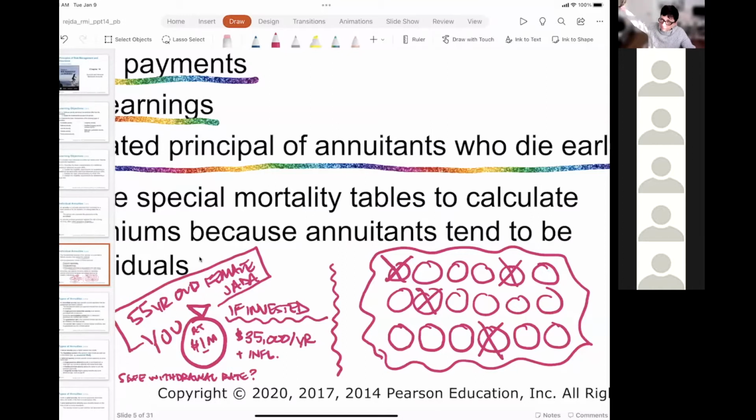We'll invest it conservatively, but it's going to sound sadistic, we will all benefit from the fact that not everybody's going to live to 95, because this is a pool of risk that's intended to insure against you living too long.